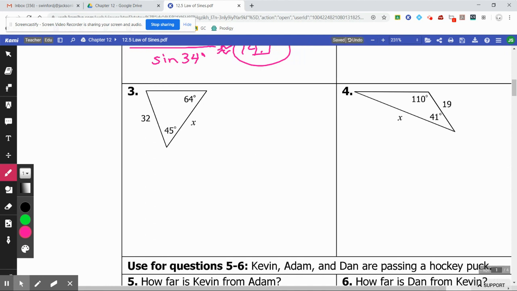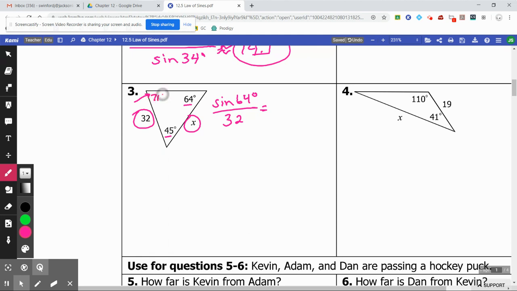Now here's the side length that we're given. So we're going to have to do the sine of 64. This one's a little bit tougher. The sine of 64 over 32 will equal, we're looking for x here. However, we don't have this missing angle. But we can remember from geometry that the three angles inside of a triangle have to add up to 180. So if we have 64 and 45, that's 109.